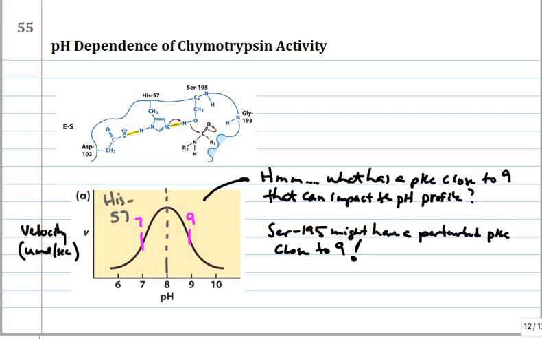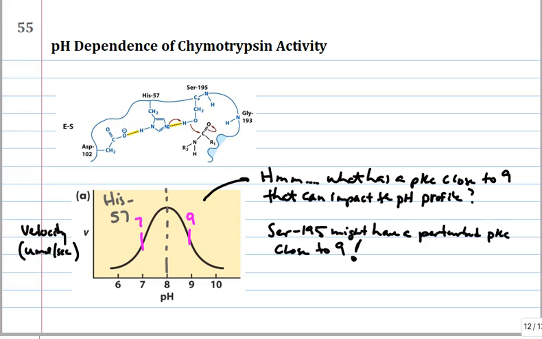But what is unreasonable is to say that deprotonation of serine 195 would cause the enzyme activity to decrease. That's kind of what you're saying, right?